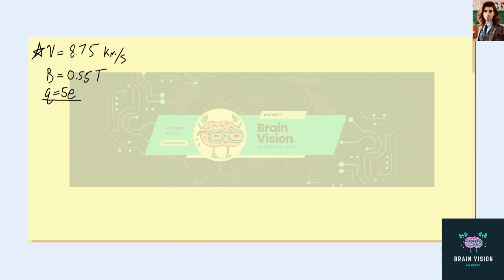We chose a magnetic field of 0.55 teslas, and what we need to do is figure out what the electric field has to be in order to make this device work.